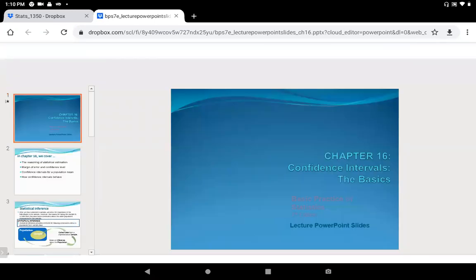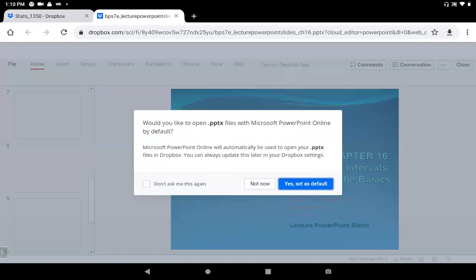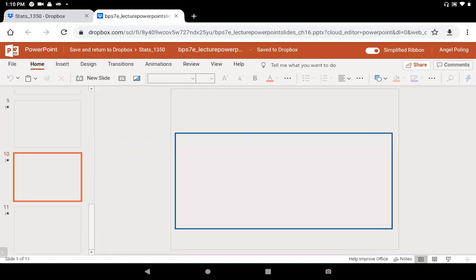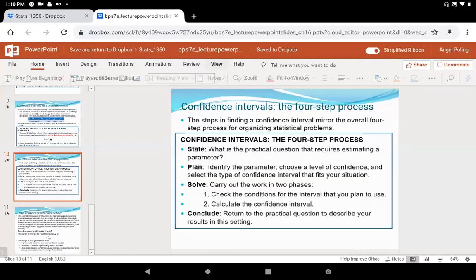Oh, I found where we are in the book. That's good. And our PowerPoints came back. Click yes. Click let us continue, please.